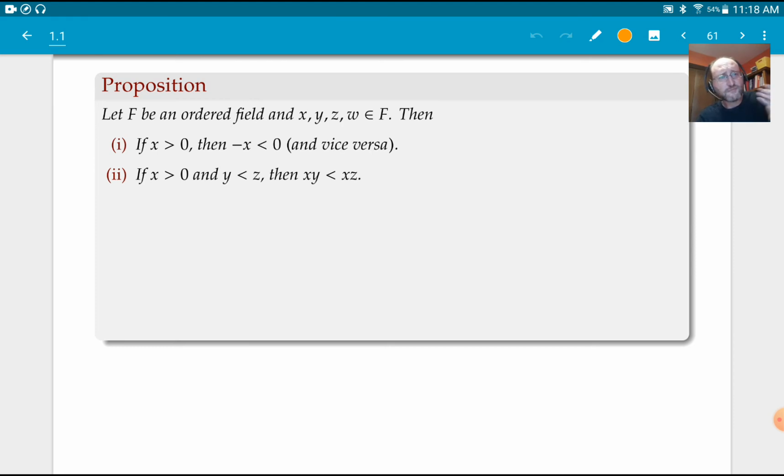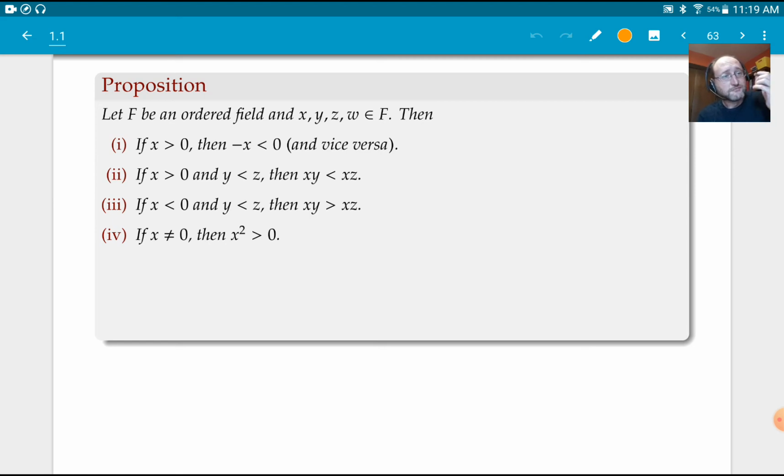If x is positive and I have an inequality, y is less than z, then I can multiply both sides by x, and the inequality is preserved. On the other hand, if x is negative, and I have an inequality y is less than z, and I multiply both sides by x, the inequality is reversed, right?